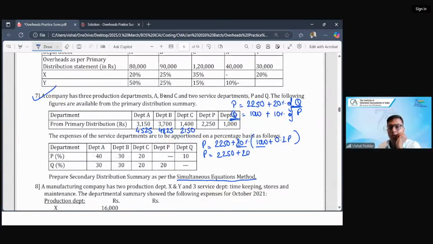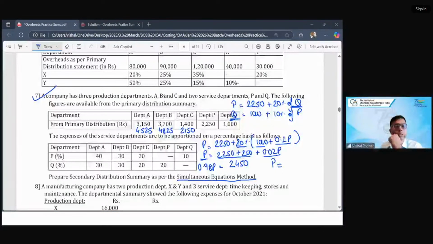So 20% of 1000 is 200, plus 20% of 0.1 is 0.02 P. This P will come here. So 1 P minus 0.02 P is 0.98 P, and this total is 2450. Now you have to divide 2450 by 0.98. So, Riddhiben, tell me now. 2450 divided by 0.98. How much are you getting?